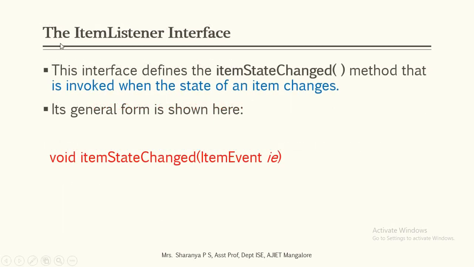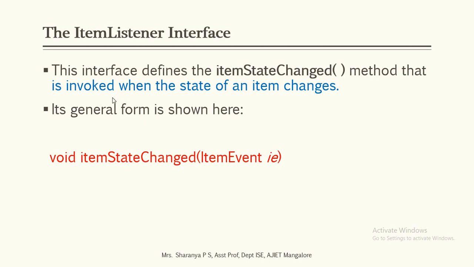And next, item listener. The item listener interface defines one method called itemStateChanged. This method is invoked when the state of an item changes. That is, before, it will be in an unselected form. After the user selects that item, it will be in a selected state.